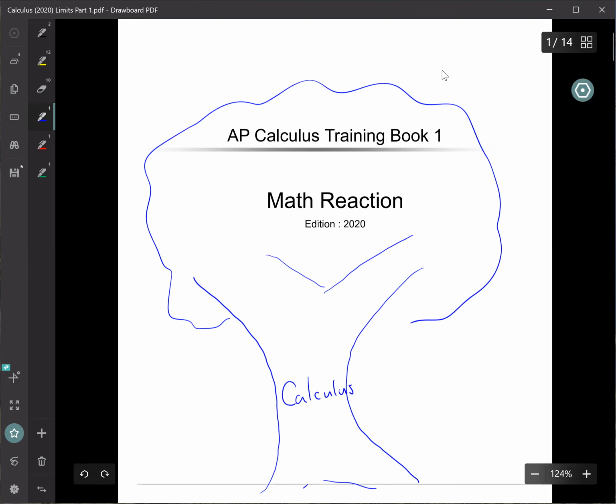Okay, so one side of the branch is called the derivative. You see, it's a thicker branch, right? Because I think about 70% of everything is about derivative. And then the other side is called integration.